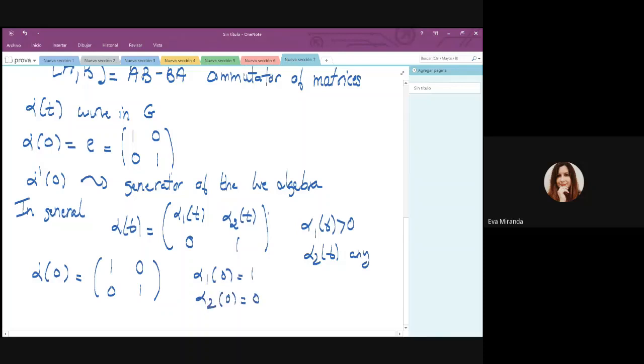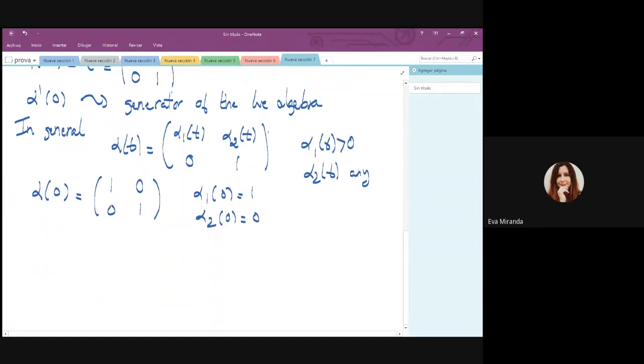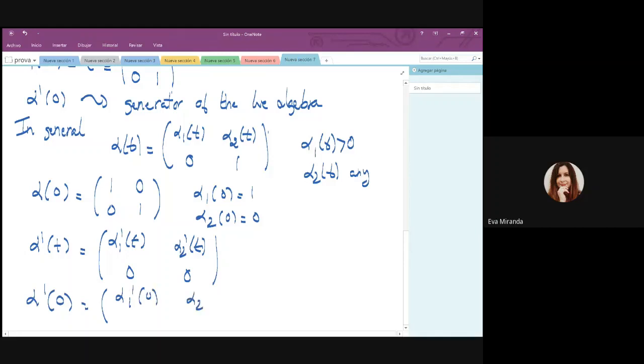And I need to compute alpha prime of t, which is alpha 1 prime of t, alpha 2 prime of t, 0, 0. These are the tangent vectors. When I evaluate at 0, I get alpha 1 prime of 0, alpha 2 prime of 0, 0, 0.